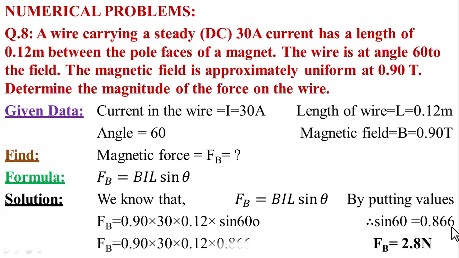Now FB is equal to 0.90 multiplied by 30 multiplied by 0.12 multiplied by 0.866. So the magnetic force FB is equal to 2.8 Newton. Let's move to the next numerical problem.